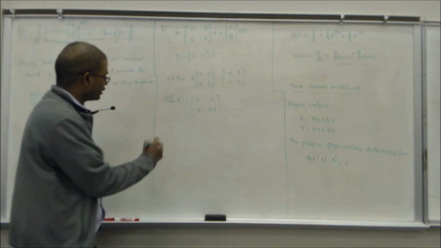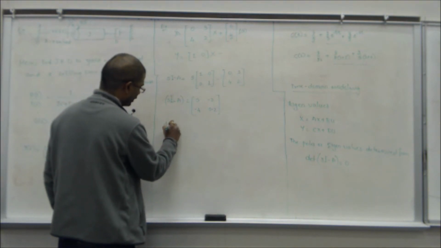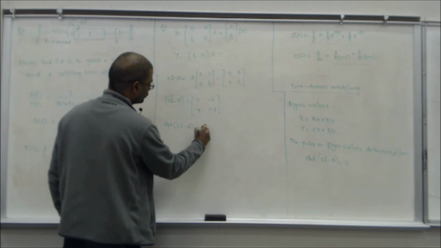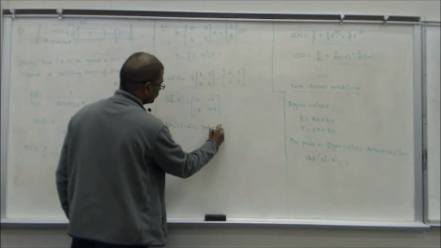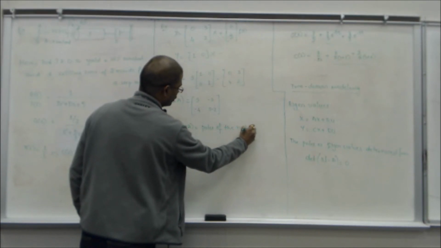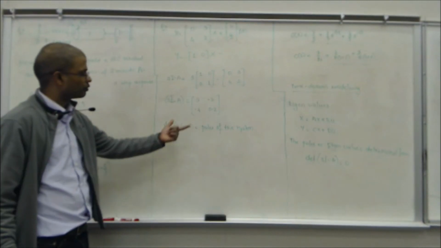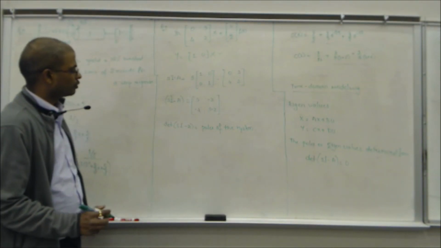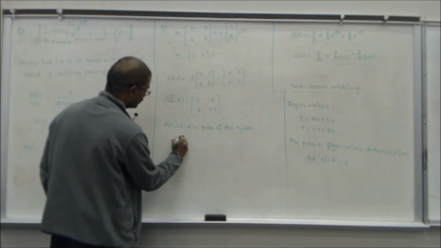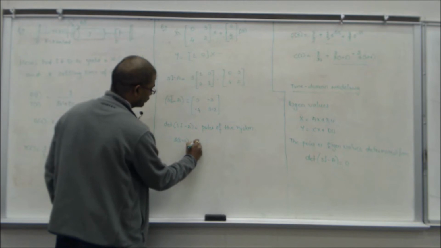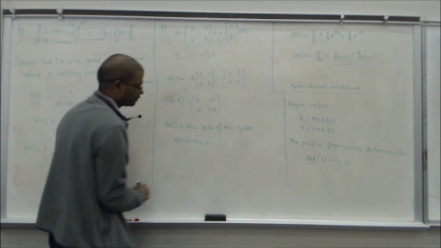If you take the determinant of sI minus A, these would be the poles of the system. And you can actually verify. So what is the determinant? It is s into s minus 2 minus 12 equal to 0, right?